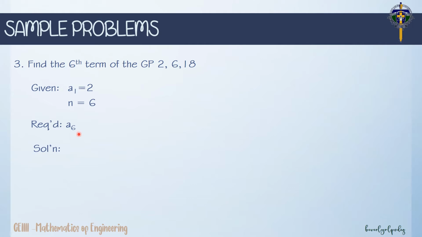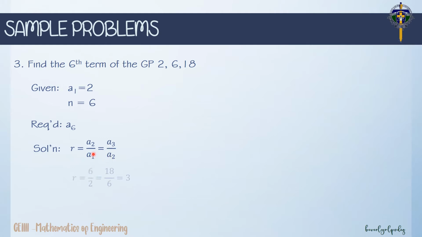For our solution, first we have to identify the common ratio. The common ratio can be identified since we have the first 3 terms, and this is sufficient for us to solve the value of r. r is simply the successive term divided by the preceding term. That is a2 divided by a1, which is also equal to a3 divided by a2.